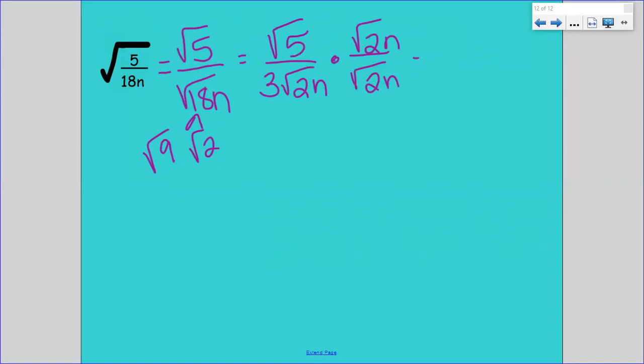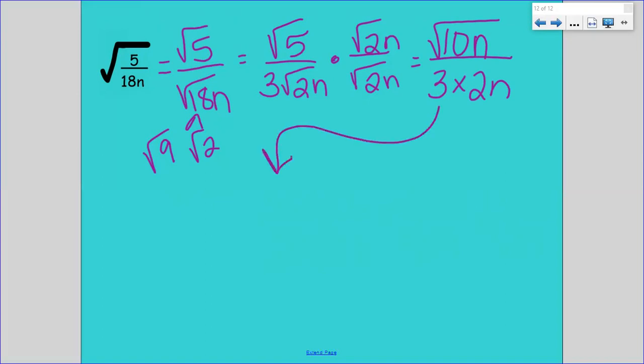So I'm really looking at 3 times 2n at the bottom. And then the square root of 10n. 5 times 2 is 10, and then the n is left. All right, so let's keep going. I'm going to bring this down so you can follow me here. By the way, 3 times 2 is 6n.